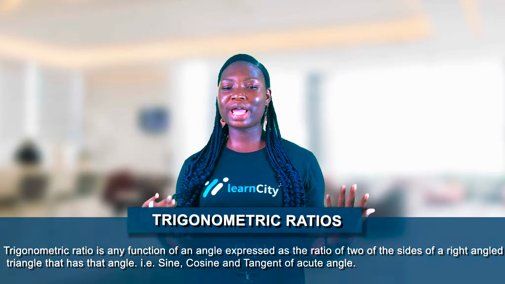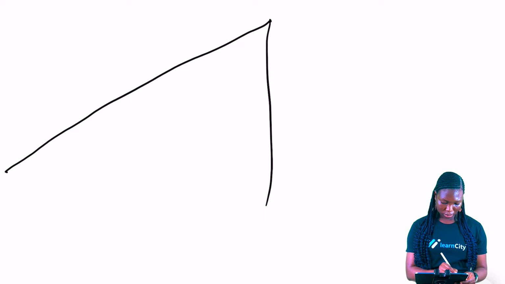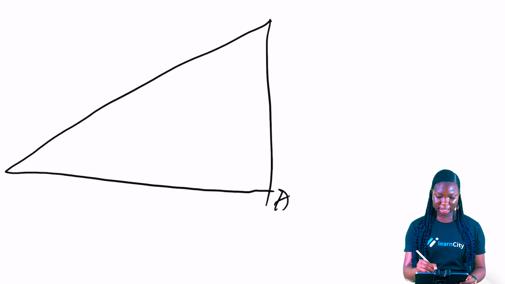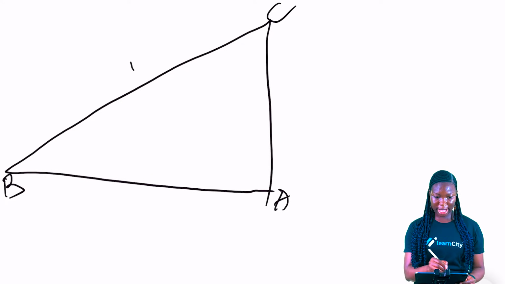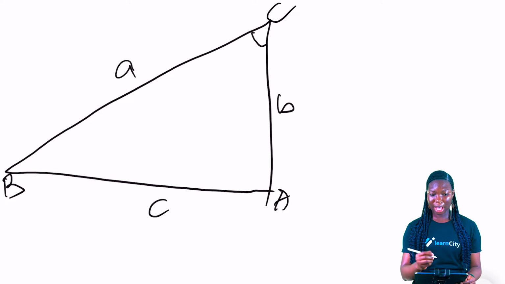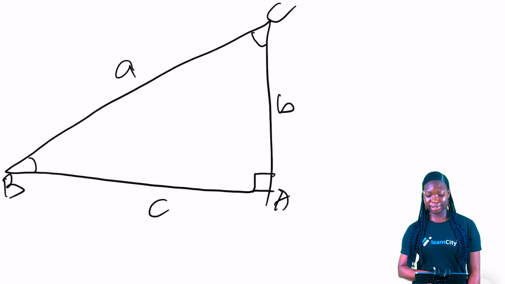So peradventure, we have this right angle triangle, where we have this to be A, this is C, and this is B. So we have this to be A, this is our B, and this is our C. We have a right angle here, and we have an angle here.